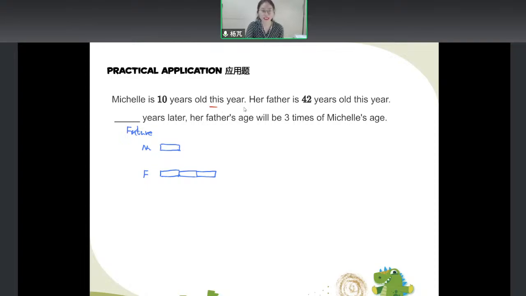This year Michelle is 10 years old, but we cannot label 10 on the model because the model shows what happens in the future. So can we find some number on this model? Don't forget, what never changes? The difference never changes. So if this year Michelle is 10 and her father is 42, what's the difference between their ages?